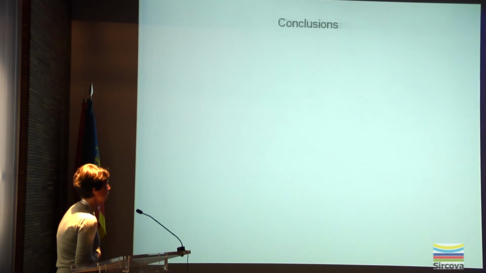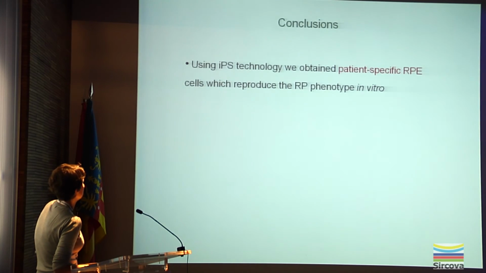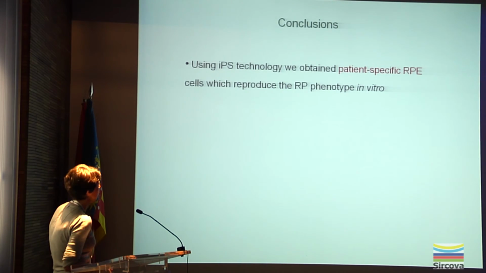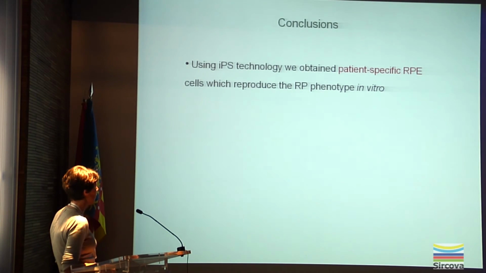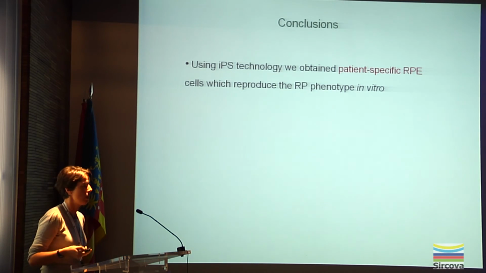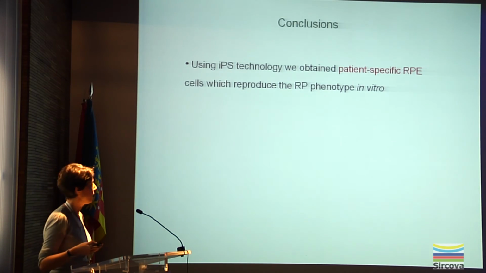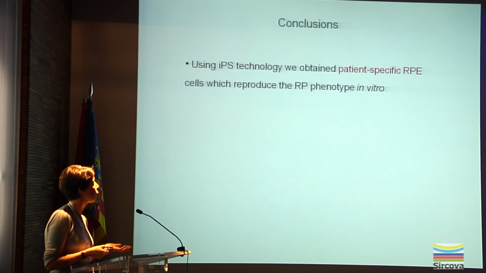So to conclude, okay, this is the last one. Using iPS technology, we obtain patient-specific RPE cells which can reproduce the retinitis pigmentosa phenotype in vitro. In our case, we had patients with the MERTK mutation, so we knew which phenotype to expect, and this is what we confirmed.